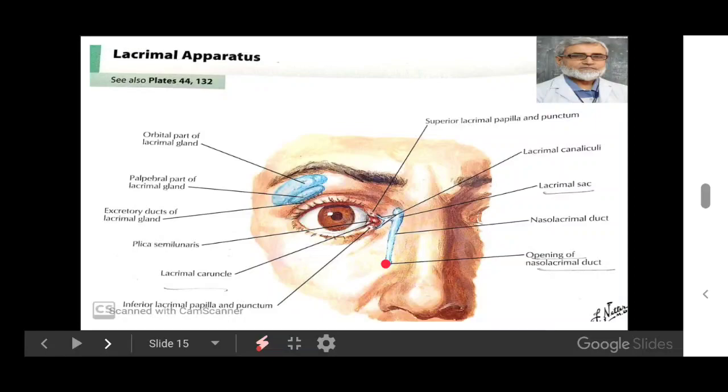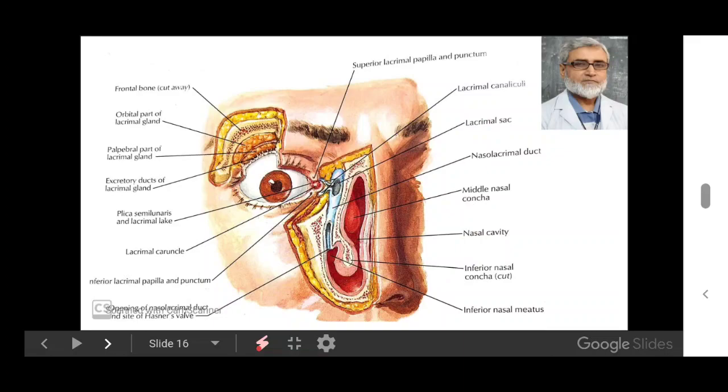It's a tubular structure, 1.5 into 2.5 centimeter, beginning at the anteromedial corner of the floor of the orbit and opening into the inferior meatus of the nasal cavity.